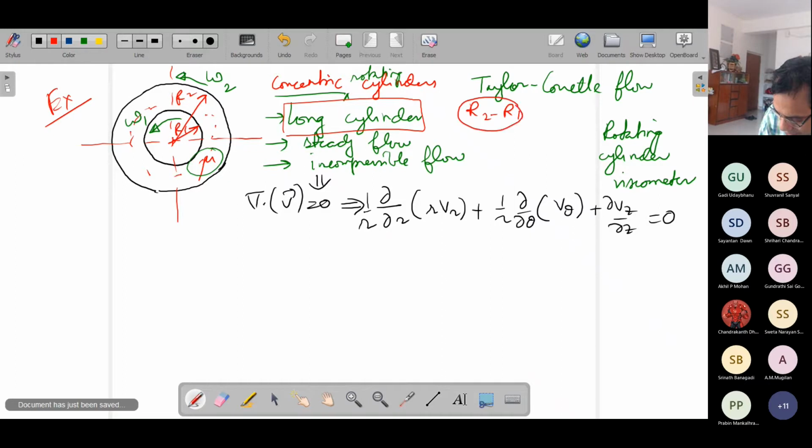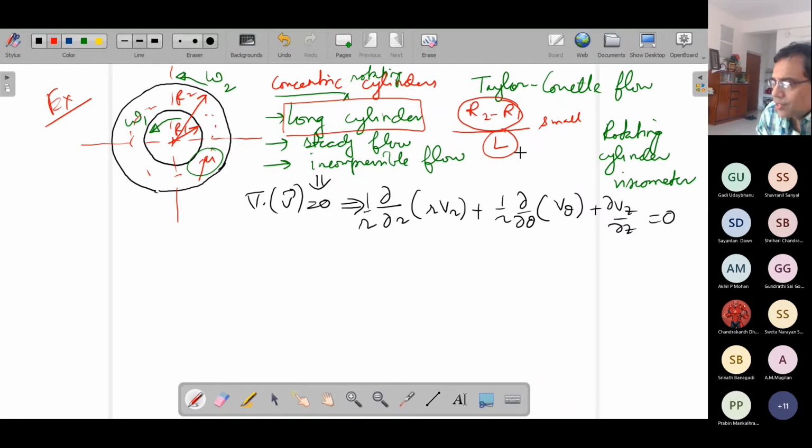This is the length scale in the radial direction divided by the length scale in the axial direction. If this ratio is small, that means it's a long cylinder. It doesn't matter what the absolute values of L and R2 minus R1 are; this ratio is good enough.